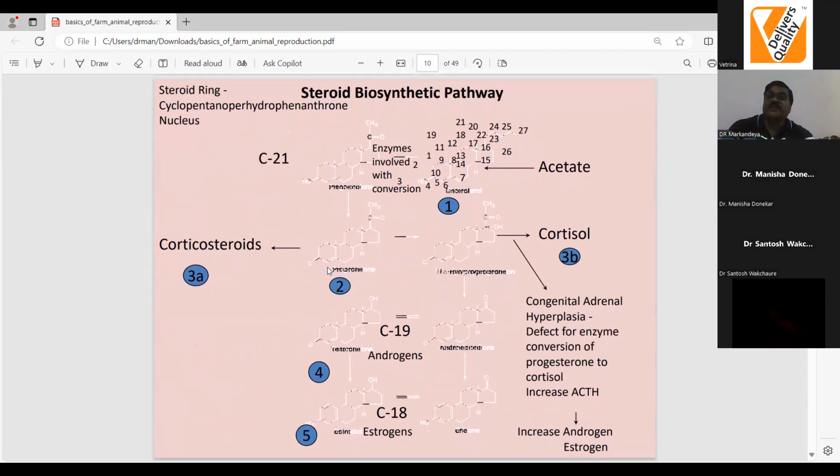Steroids. We have more important relation and more clinical applicability of this type of steroids. In case of steroids, the cyclopentanoperhydrophenanthrene ring, this basic structure is most important, and you will find that this particular structure is always related with the steroidal type of hormones.